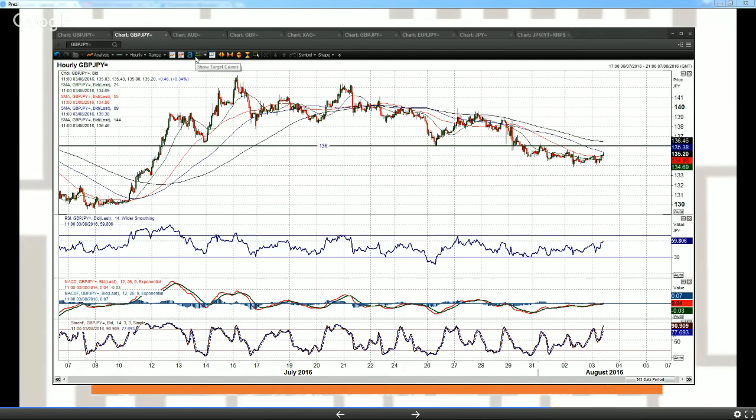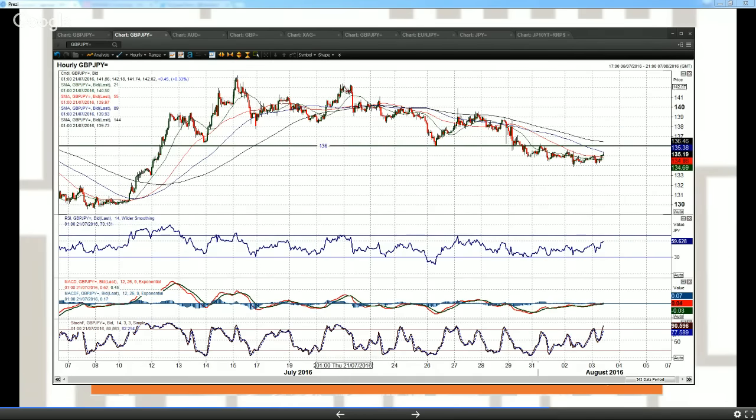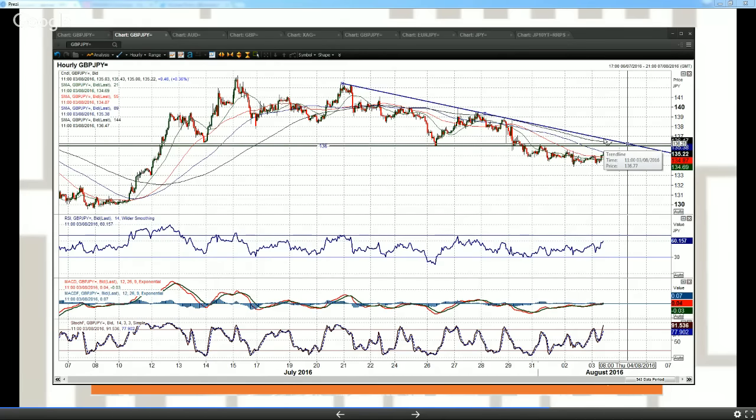But to be honest, you'd still be fairly bearish. I think anything up towards probably this pivot line here, around 37.80, 38 figure on sterling yen. You can draw a pretty good downtrend there. That downtrend currently comes in at 36.75.